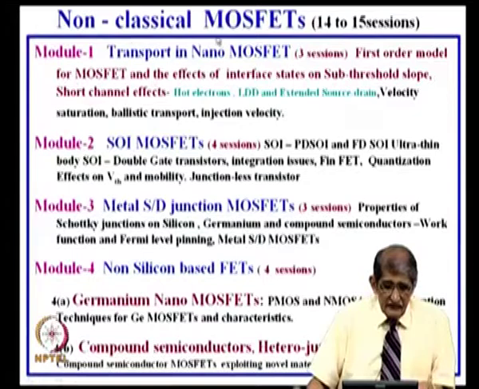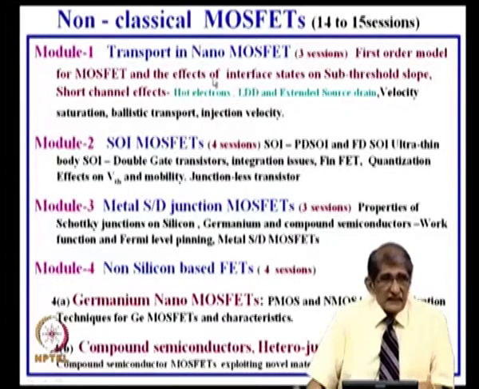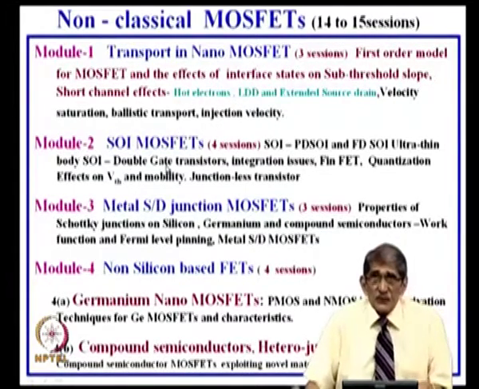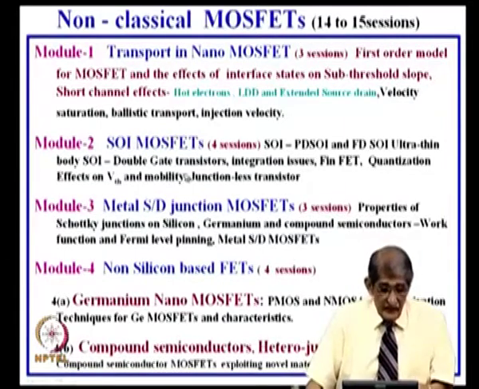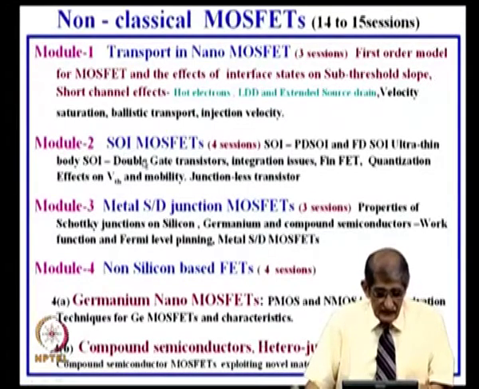Once we see what the problems are and what is required for high performance, we get down to this, which will cover about 2-3 lectures. Then we go to module 2, which is a special device which is very popular today even in industry, like IBM. They regularly use SOI MOSFETs for their integrated circuits as and when required.